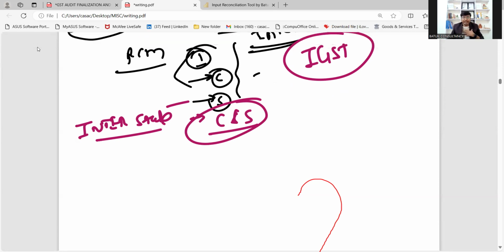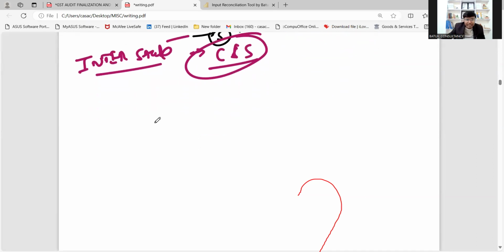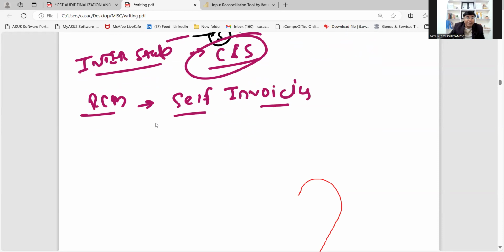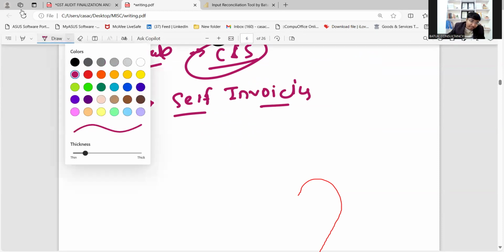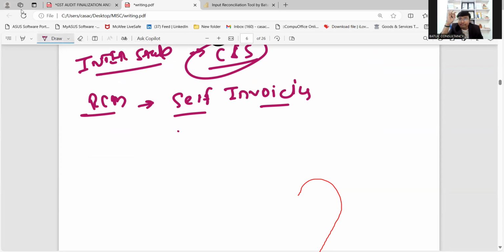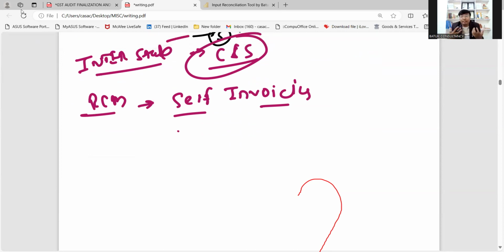Because as a taxpayer, as Mr. Sachin, when I am paying any tax under reverse charge mechanism, the government has clearly and specifically mentioned that in case of reverse charge mechanism, Mr. Sachin, you have to prepare self-invoicing. और जब गवर्नमेंट ने बोला मिस्टर सचिन यू हैव टू प्रिपेयर द सेल्फ इनवॉइसिंग, और व्हेन आई एम प्रिपेयरिंग सेल्फ इनवॉइसिंग, दैट मींस इट शुड बी ट्रीटेड दैट आई एम प्रोवाइडिंग सर्विसेज टू माय सेल्फ, hence I am going to pay the tax to government and claim the credit.